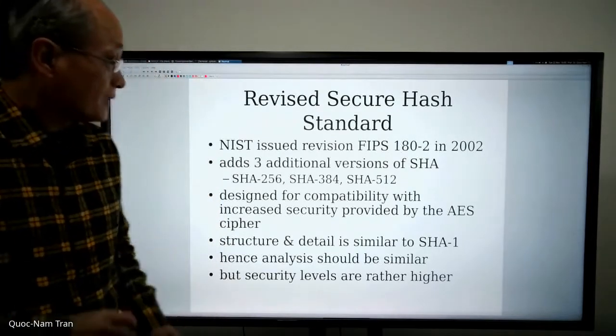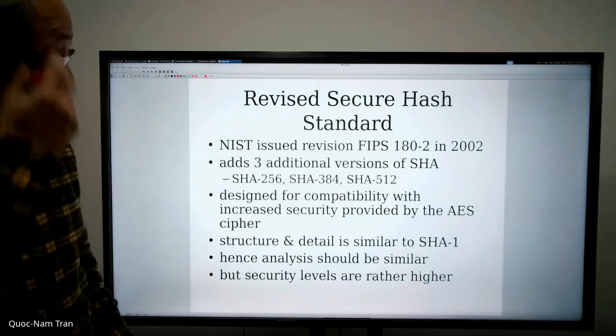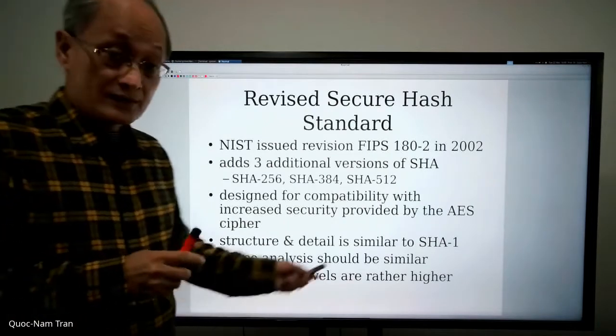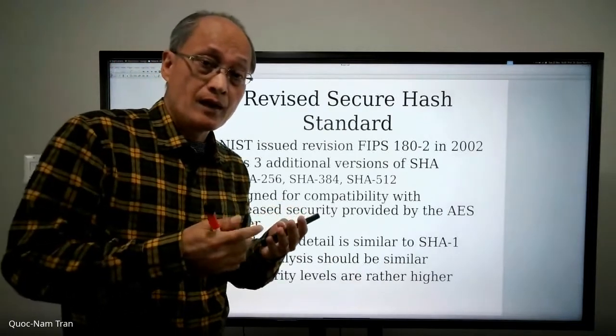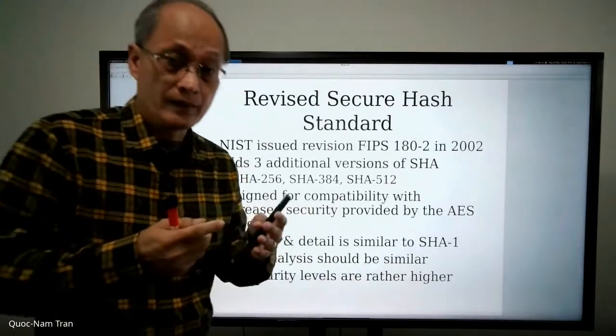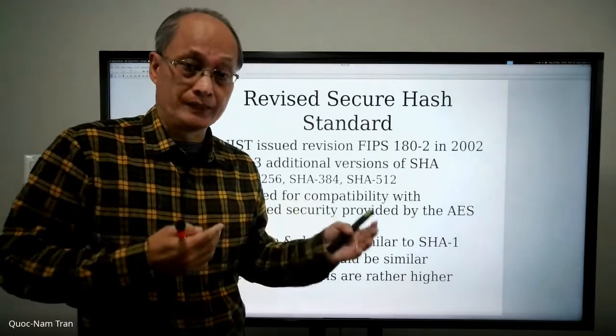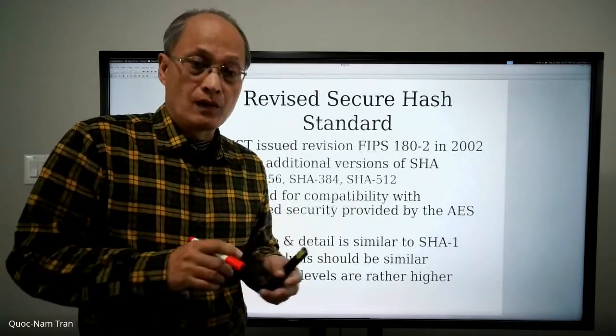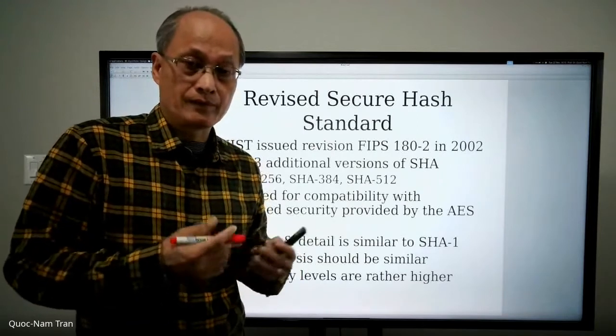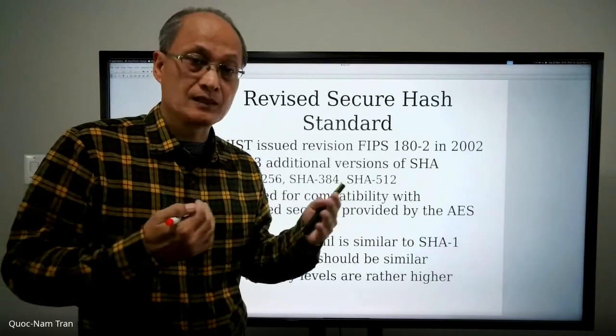All right, and now that is the SHA-1, where we have computers with words of 32 bits. But nowadays we know that almost all computers have words of 64 bits.